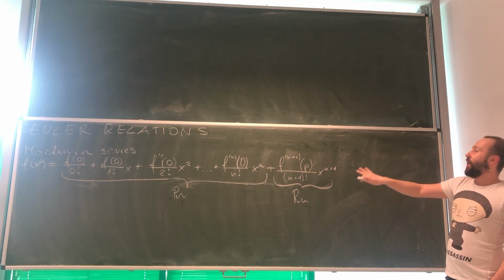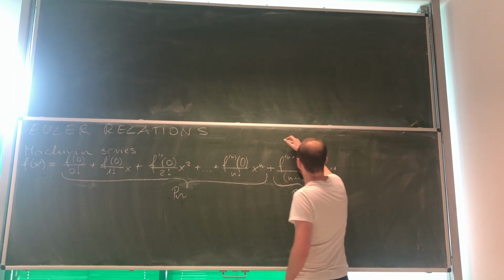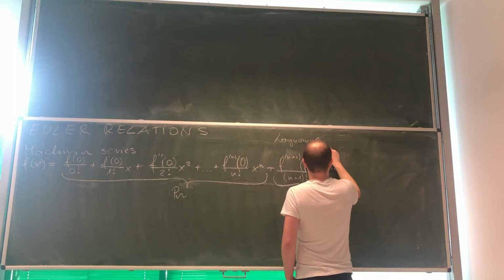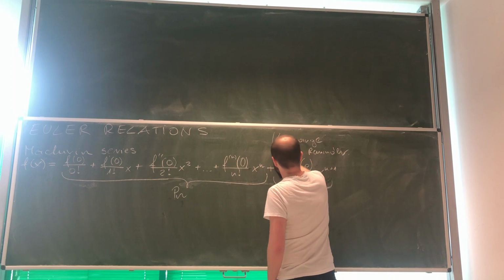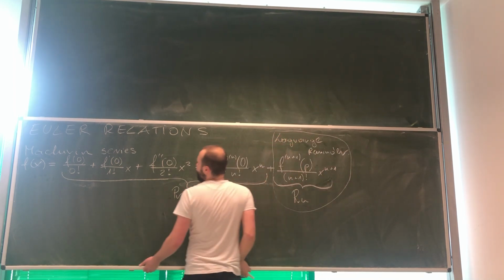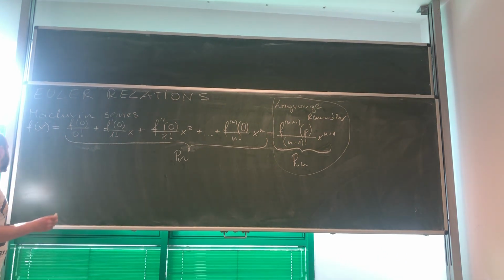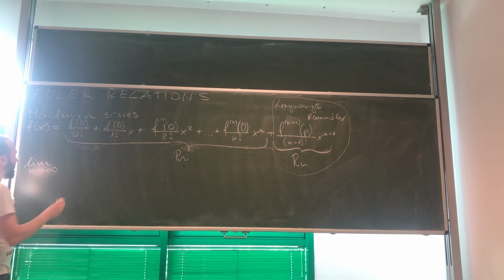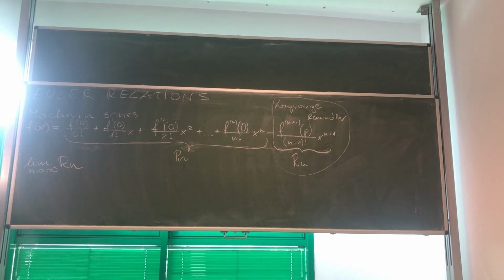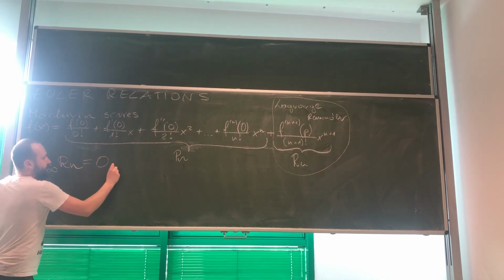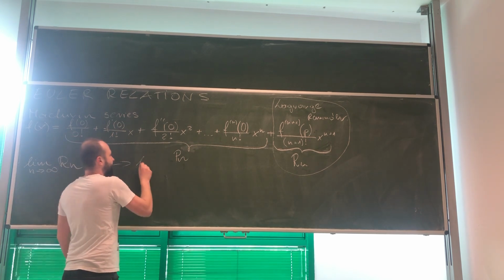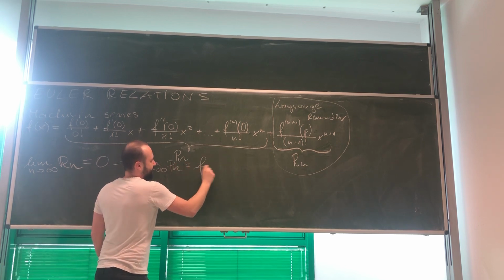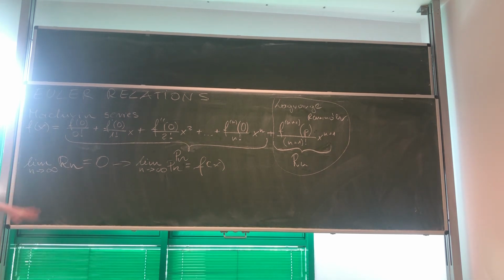So if it happens that the limit with n approaching infinity of R n is equal to 0, this implies that the limit with n approaching infinity of Pn is equal to f of x. Okay, what does it mean?